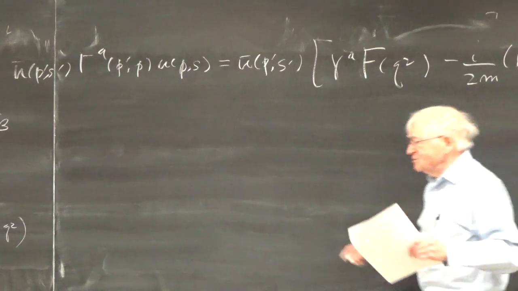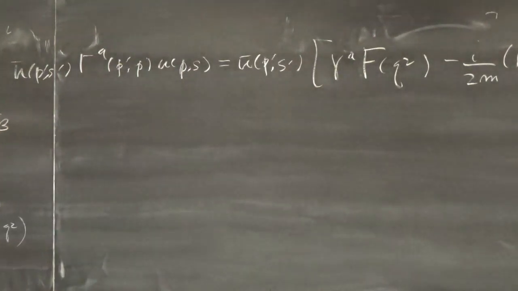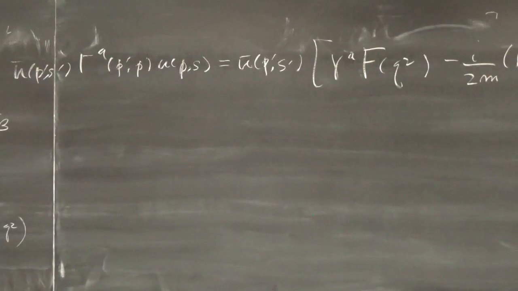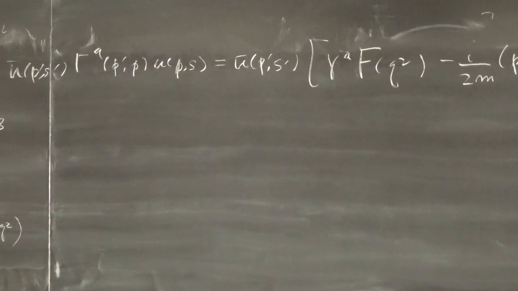In fact, since you guys complained that the homework was too easy, I think what I'll ask you to do is to show that these three guys are real, by requiring, you can assume, that this matrix element is real.